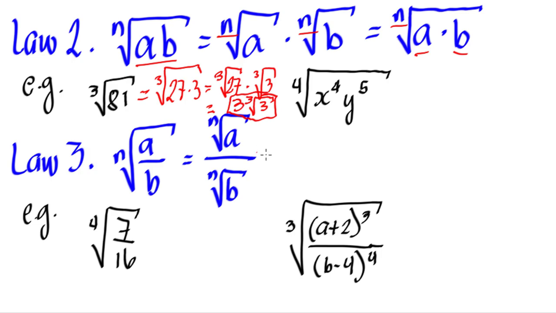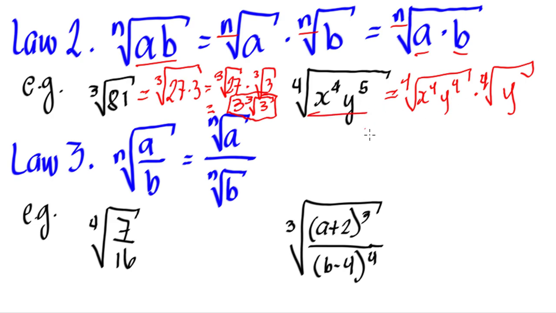For this one, we can simplify actually by factorization. We'll factor the fourth root. We just need to be ingenious or tricky. We need some trick in order to cancel some things. So we're going to factor this as the fourth root of x to the fourth, y to the fourth, times the fourth root of just y. It's really okay to do that because y raised to 1 times y to the fourth is y to the fifth, so it will give us back this product.